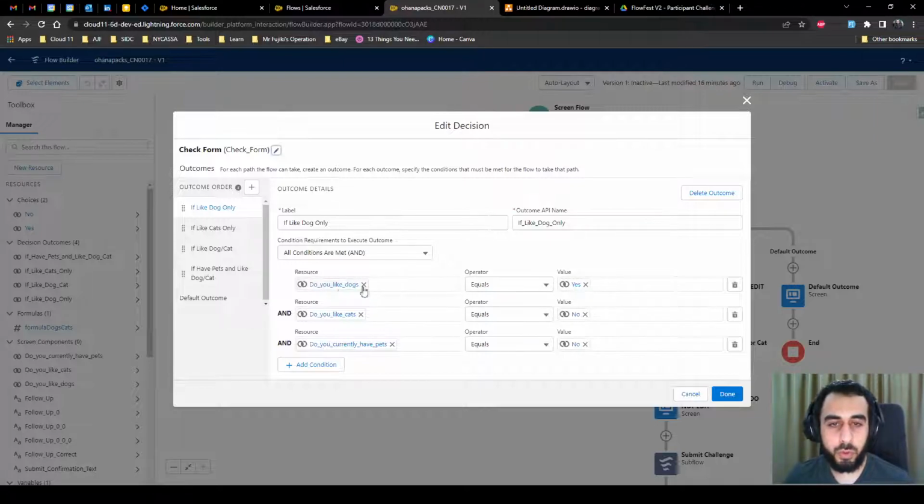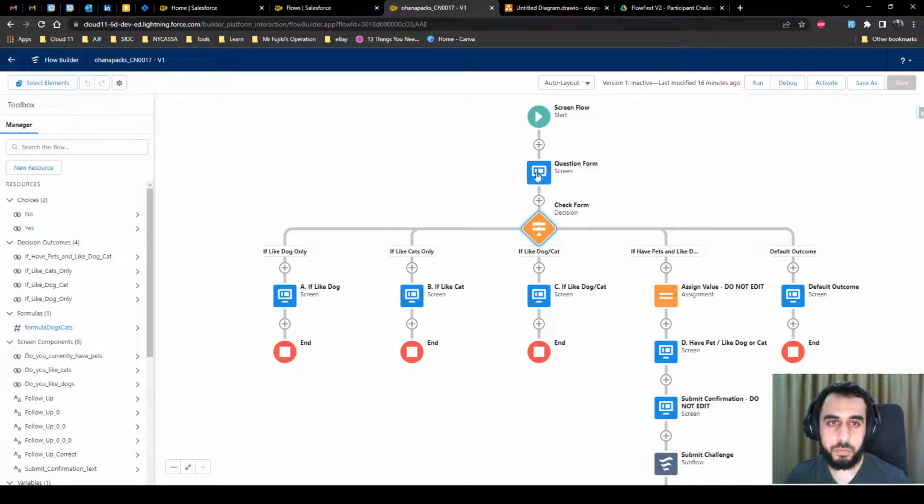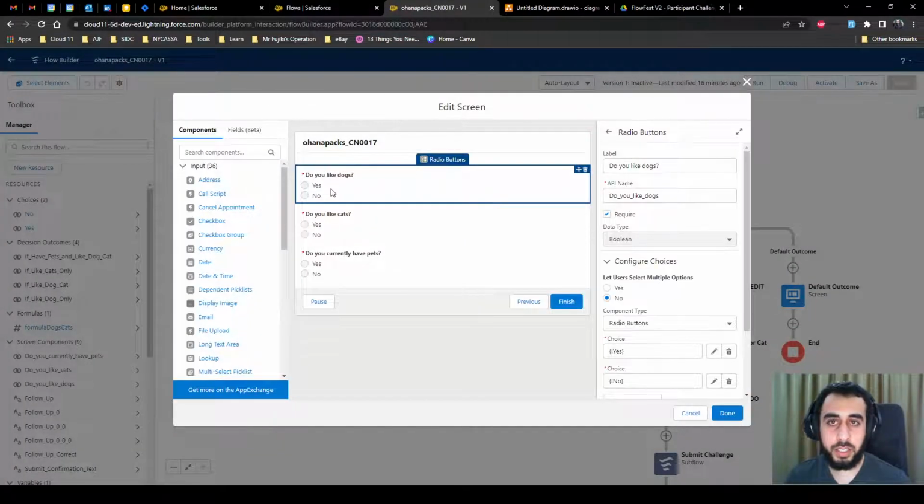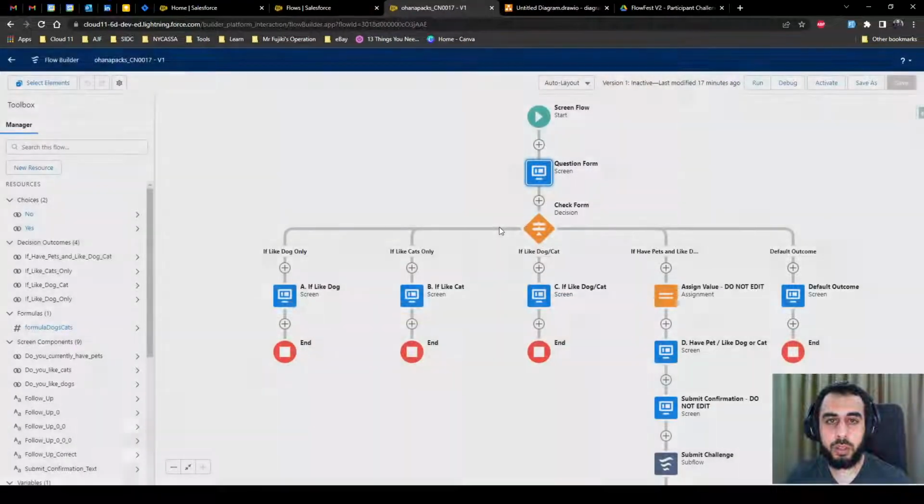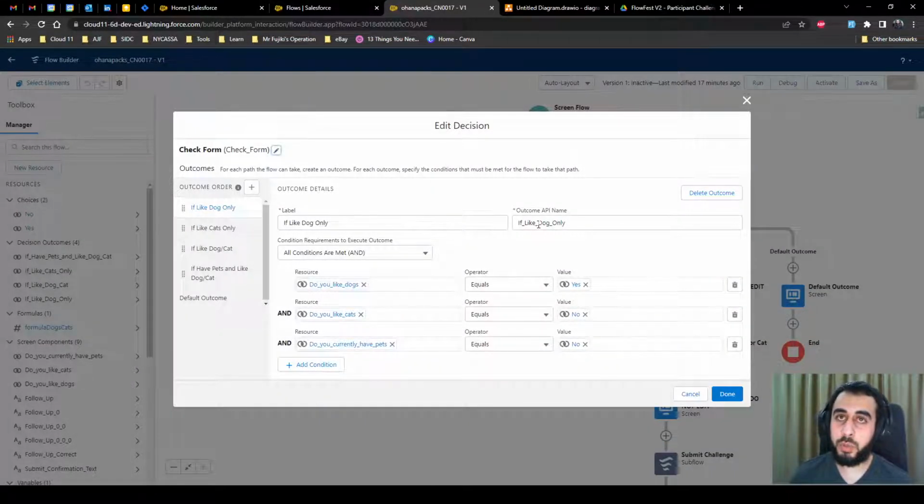Now, the problem with having only one criteria on the dogs is that if the answer here is yes, then it would take this path regardless of the answers on the other 2. This could cause inaccuracy, especially when we look at the other scenarios. So let's agree that we need to have a criteria for each one of them.